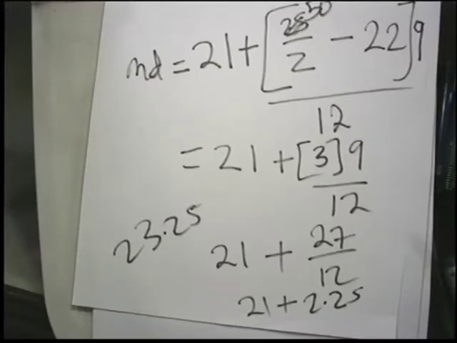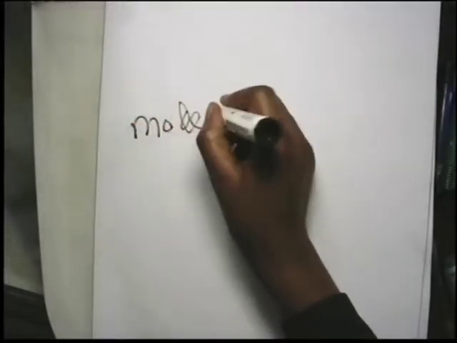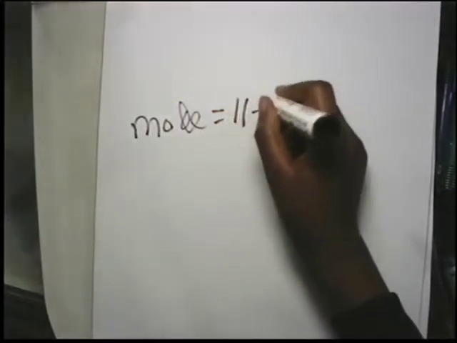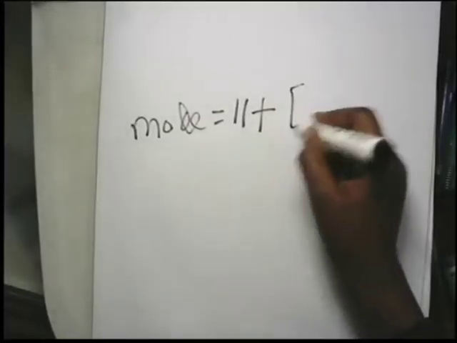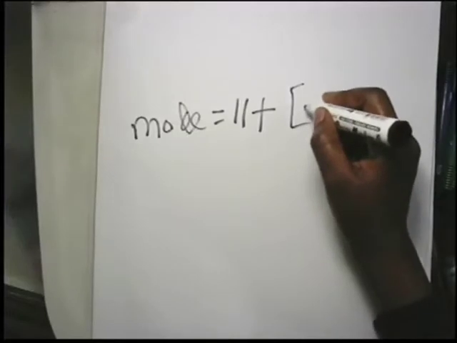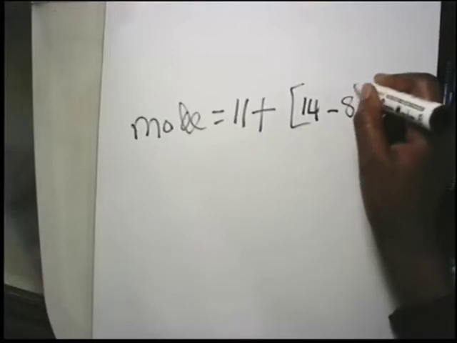Okay? Now, if you look at the table there, for our mode, first, which one is the modal class? It is the class with the highest frequency. Our highest frequency there is 14. So the lower limit of the class where 14 belongs is 11. We add in brackets, it says change in 1. That means the frequency of the modal class minus the frequency of the class above.